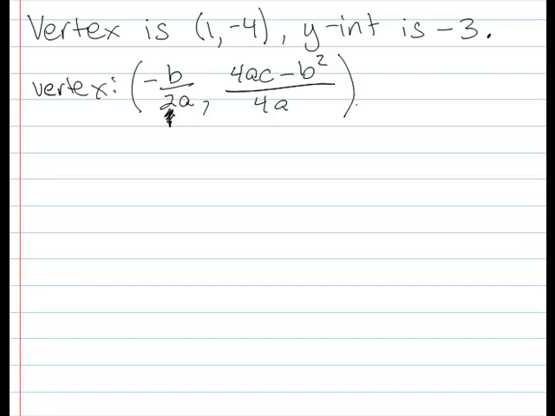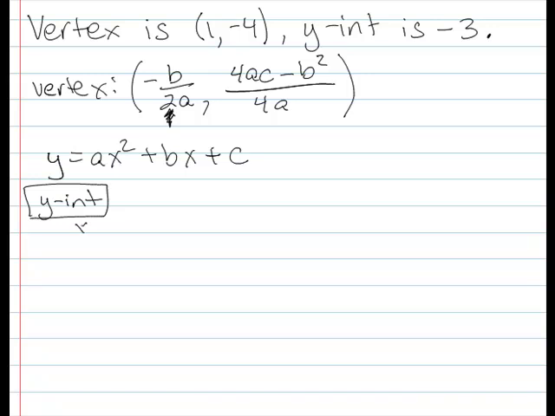One thing you can observe is that if I have y equals ax squared plus bx plus c, and I want to find my y-intercept, that's when x is equal to 0. So if I plug in 0, I get y equals a times 0 plus b times 0 plus c, so y equals c.